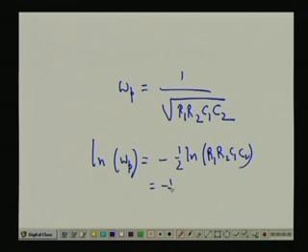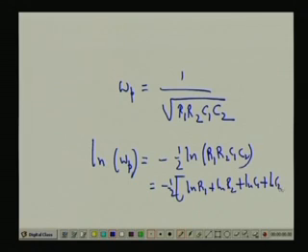So this will be minus half, obviously, natural log R1 plus natural log R2 plus natural log C1 plus natural log C2. Since it is a partial derivative, once you vary R1, all other things remain fixed.